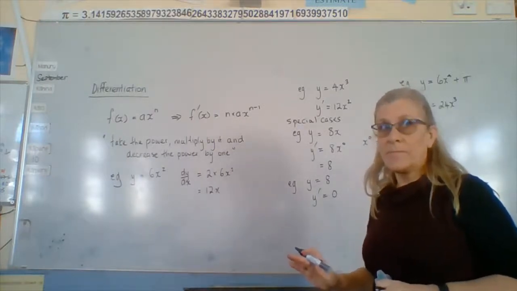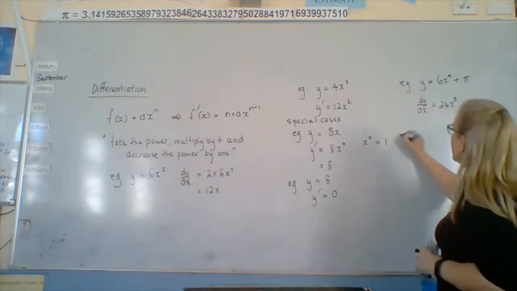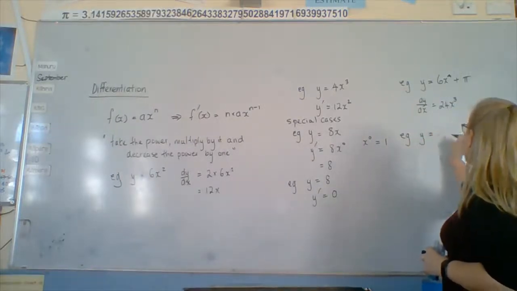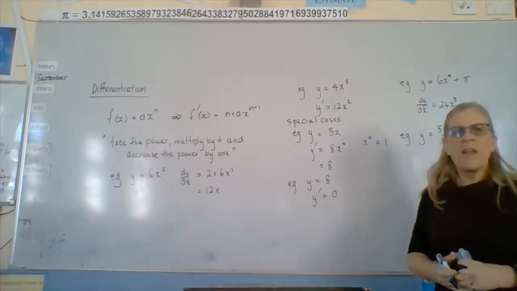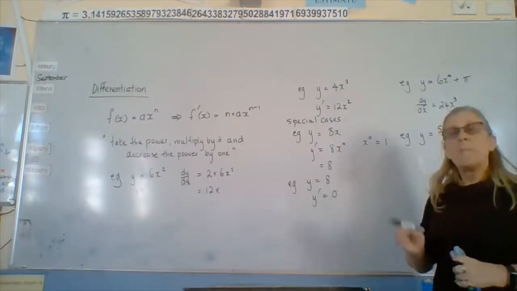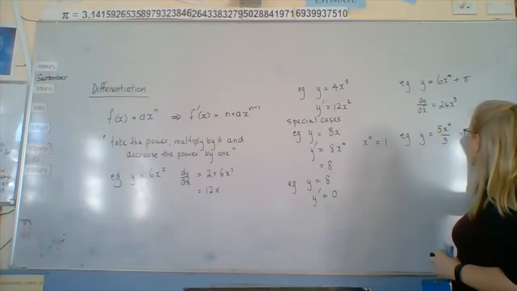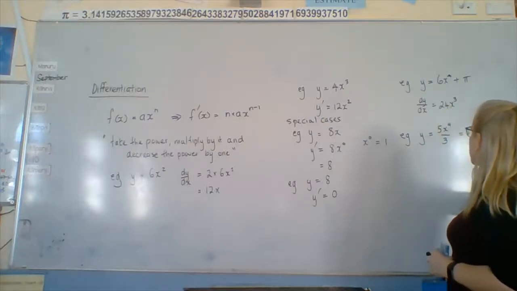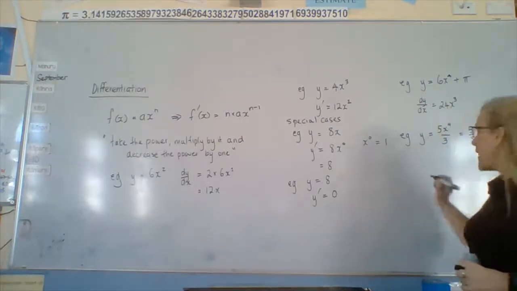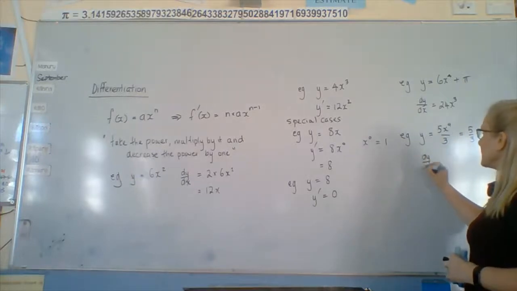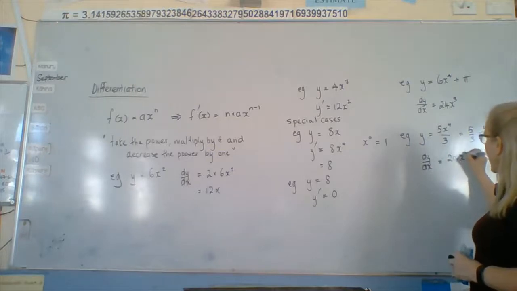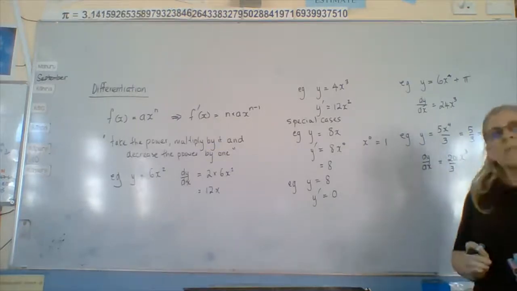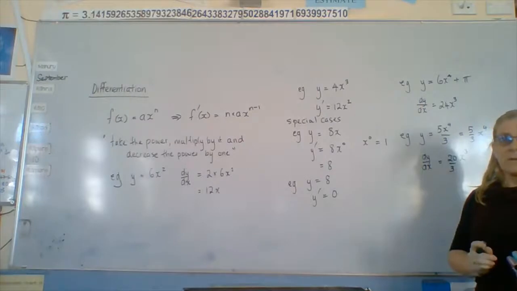All right? Okay, what if we have this? That looks tricky, right? But it's not. It is just 5/3 x to the power of 4. So take the power, multiply by it, decrease the power by 1, we now have 20/3. And leave it like that.